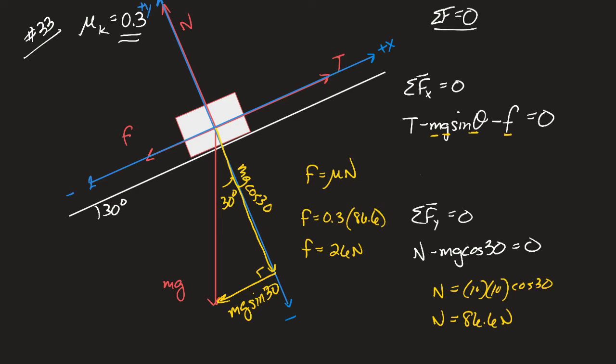So now I think I finished. I have tension equals mg sine 30 plus 26. 10 times sine 30 is 50, plus 26 is 76 newtons.